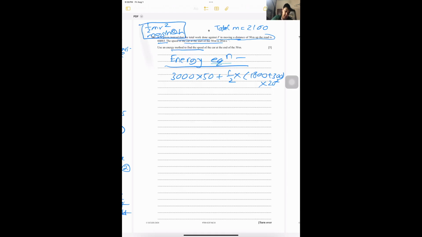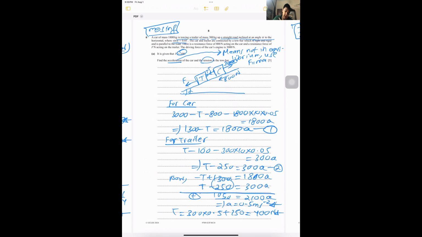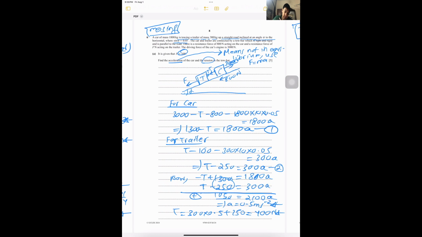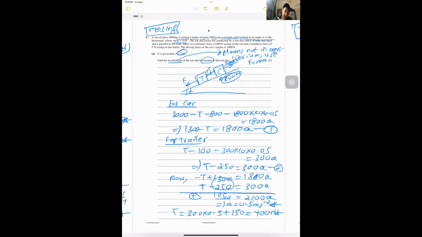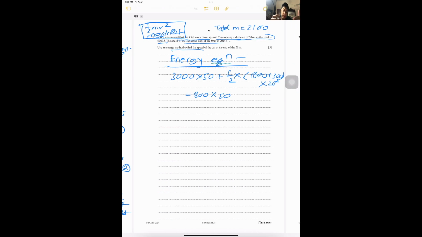This will be converted to 800 into 50. Why 800? This force is also taking up energy after the conversion. In this type of question, you just write energy before equals energy after. You don't have to divide them into different portions, like initial kinetic energy, initial driving force energy.